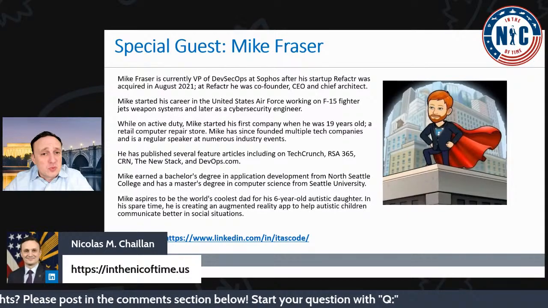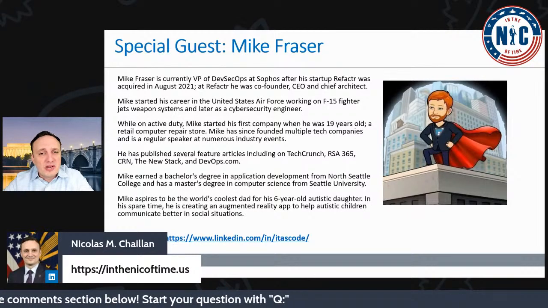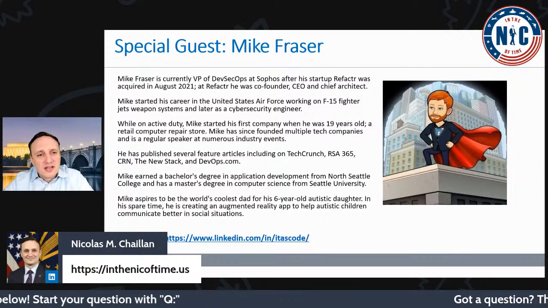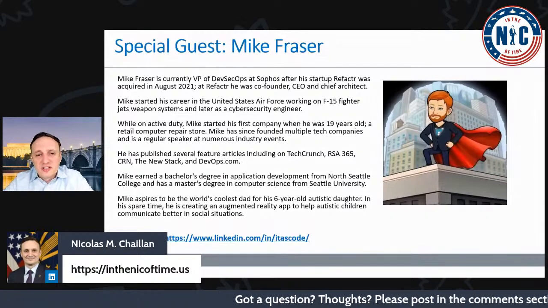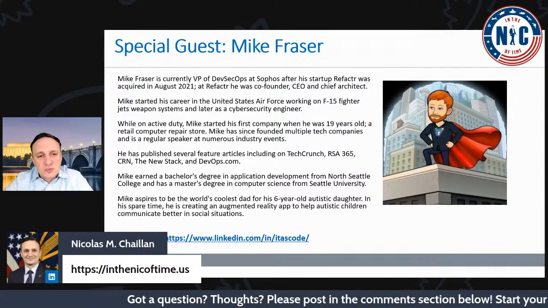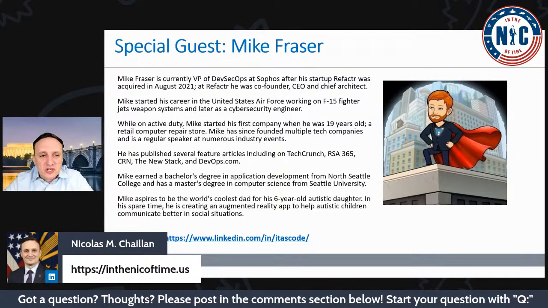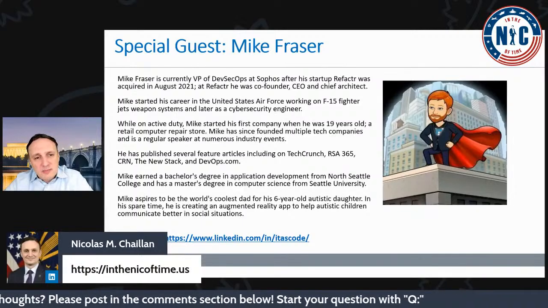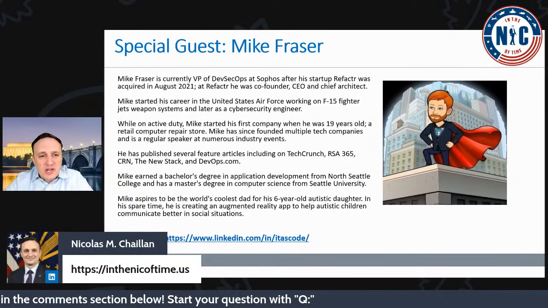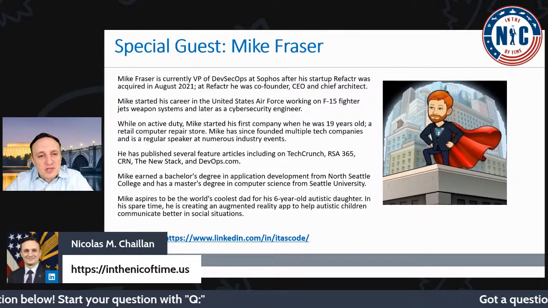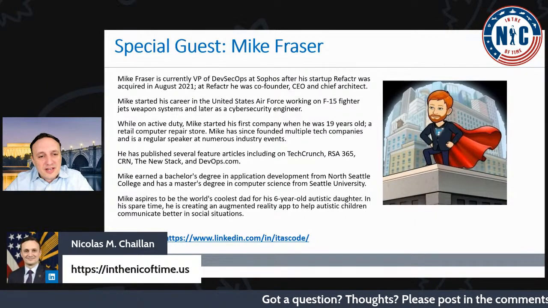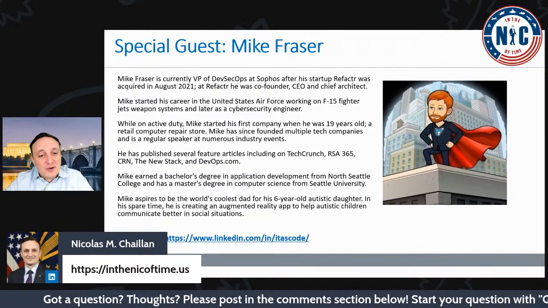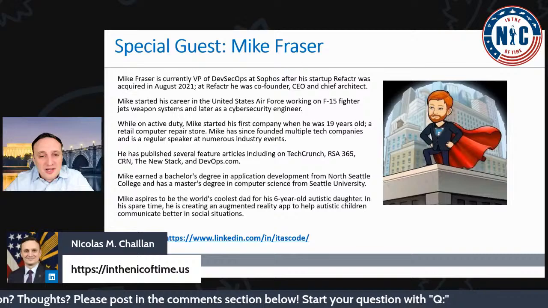He was active duty as well, and he created his first company when he was 19, which was a retail computer repair store. Since then, he has founded multiple companies, and he's a speaker at multiple events, and of course, published great articles. If you Google his name, you're going to find a lot of these great publications. And of course, he wants to be the world's coolest dad for his 6 year old autistic daughter. His spare time is spent creating augmented reality applications, which can drastically help autistic children.